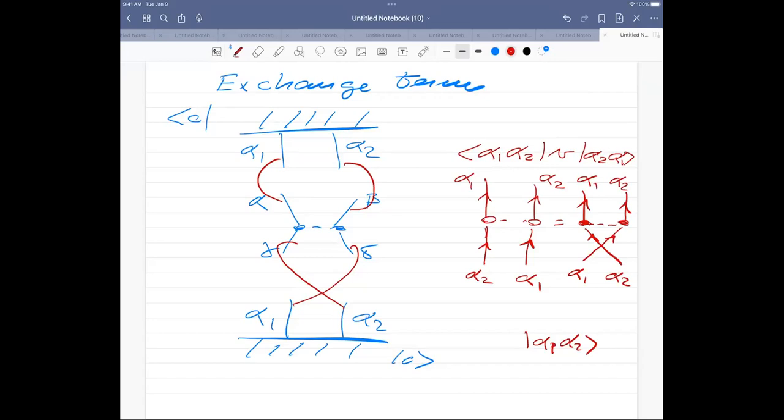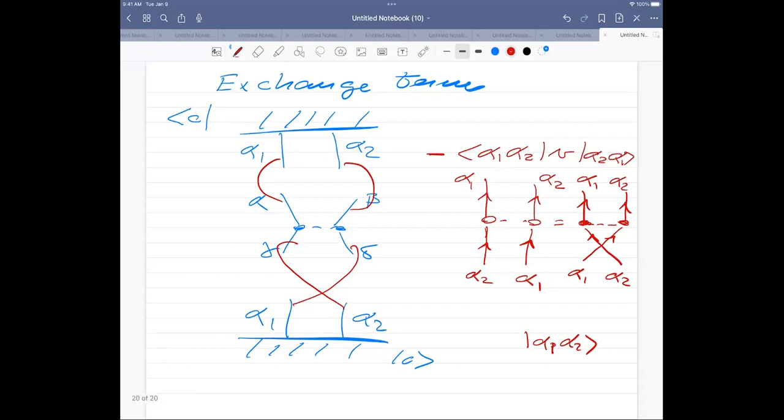So that means that when I want to represent the fact that alpha 1 has changed place with alpha 2, I have a crossing fermion line. And that gives rise to a minus sign, because this term here comes with a minus sign when I do the calculations.